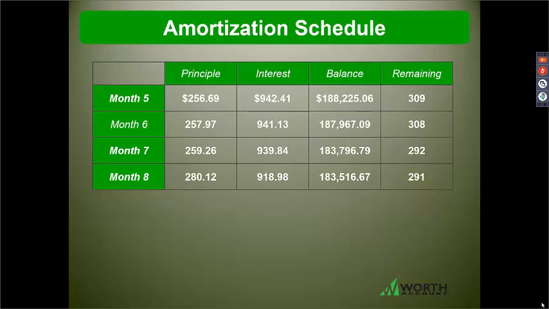What we've done has changed forever. Now we still have a balance on our line of credit, but our amortization schedule is now offset forever. We were at 309 months. We were dropping down to 308. Bam, here we are on month 7. The difference that just happened right here is the reason why it cannot come back.